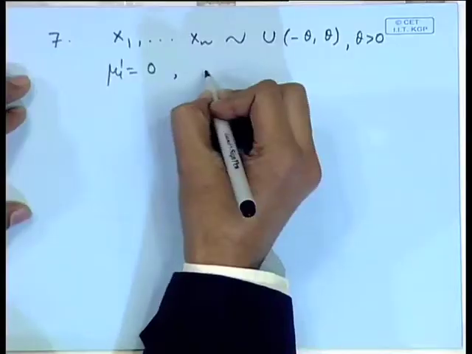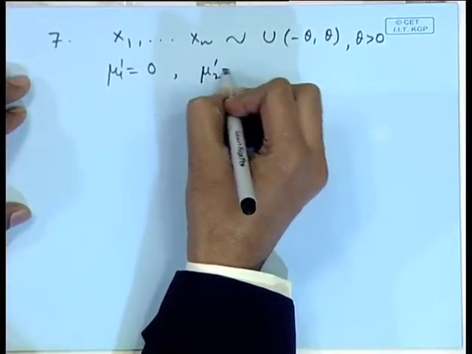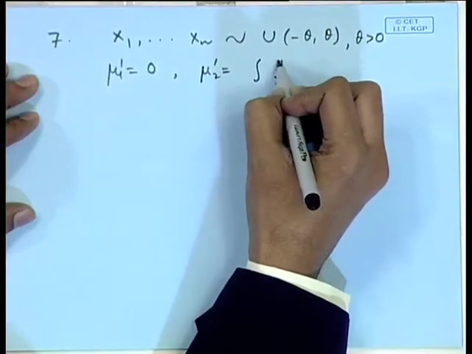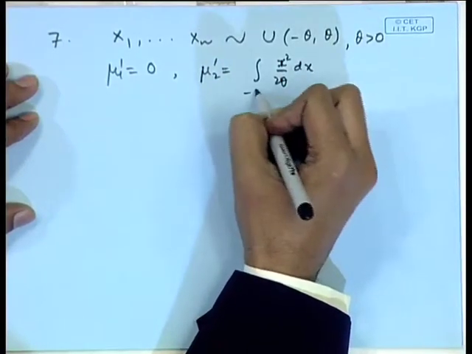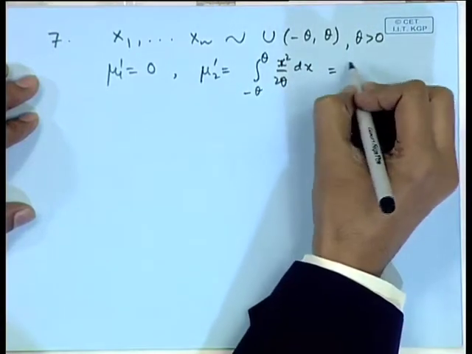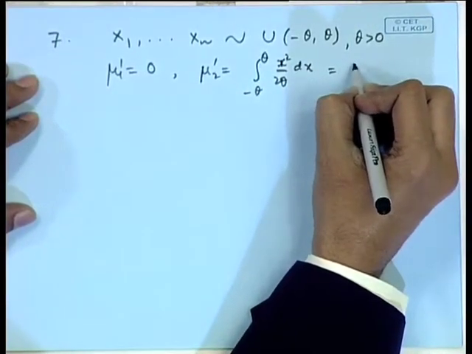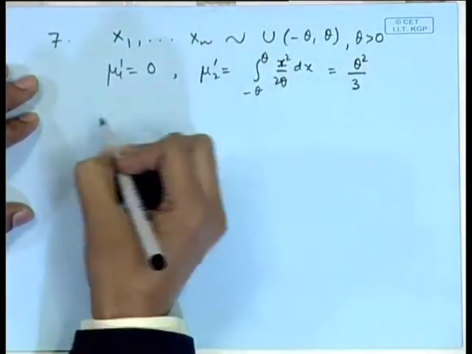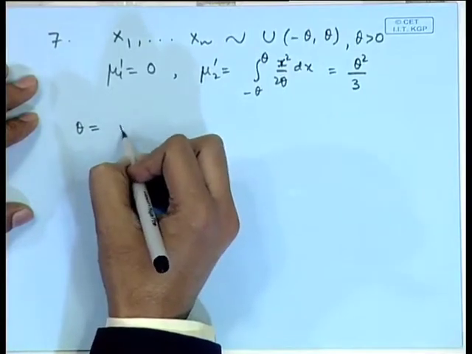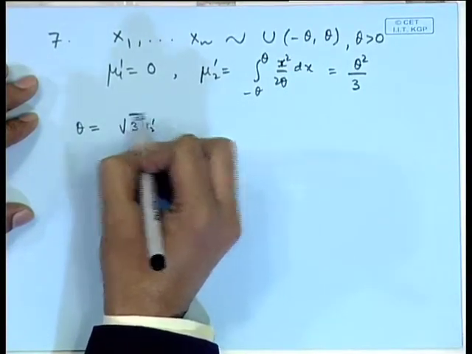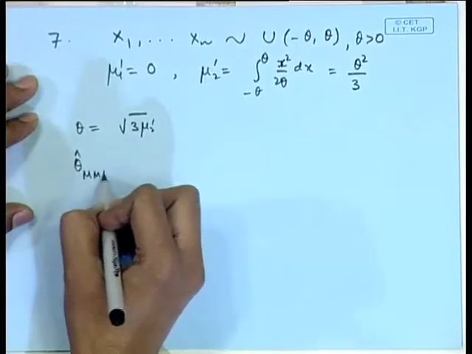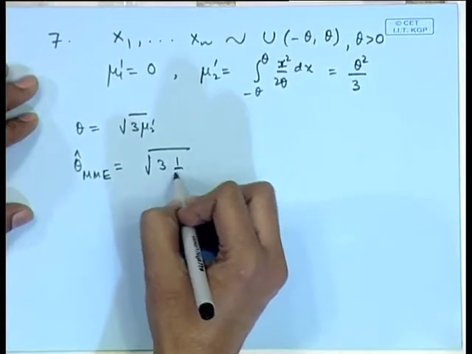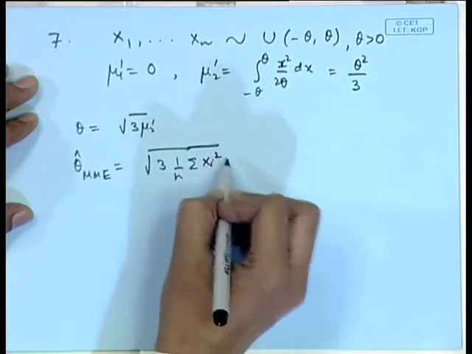However, some practical solutions can be given. We may look at mu 2 prime, that means the second moment, that is 1 by 2 theta integral of x square dx from minus theta to theta, then it is equal to theta square by 3. So, if we make use of this, then theta is equal to root of 3 mu 2 prime, and we may use the method of moments estimator as root of 3 times 1 by n sigma x i square.